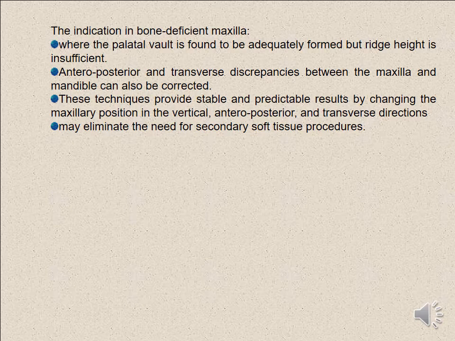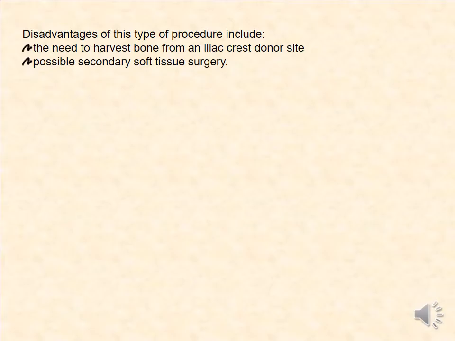Third, these techniques provide stable and predictable results by changing the maxillary position in the vertical, anterior, posterior, and transverse directions, and finally may eliminate the need for secondary soft tissue procedures. The disadvantages of this technique include the need to harvest bone from the iliac crest donor site, and second, possible secondary soft tissue surgery.